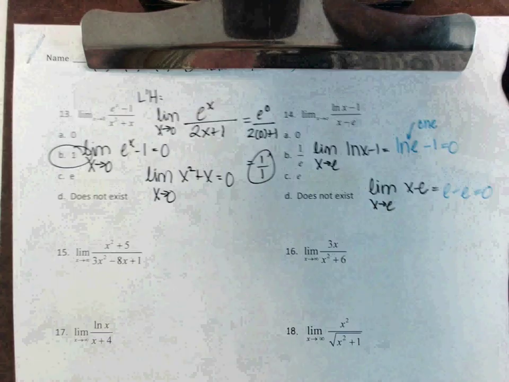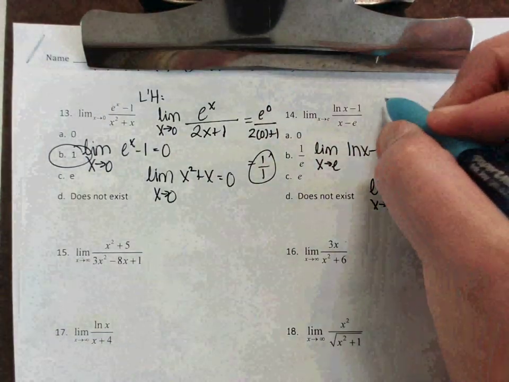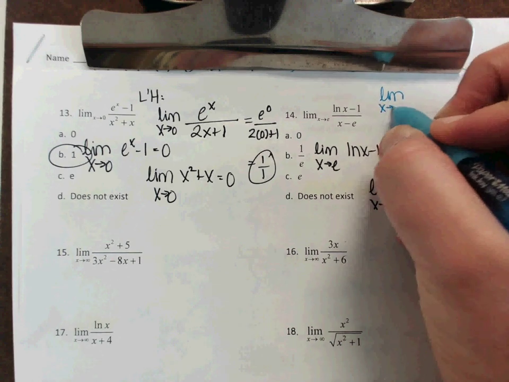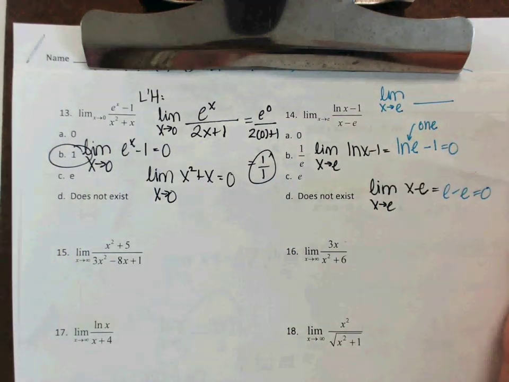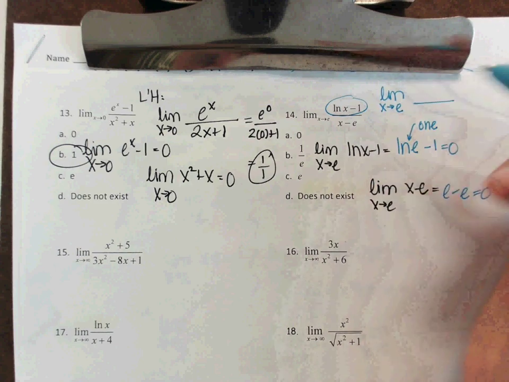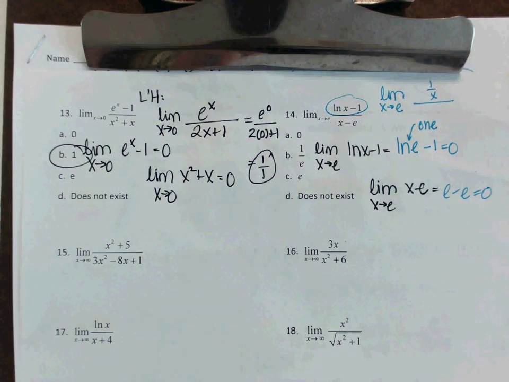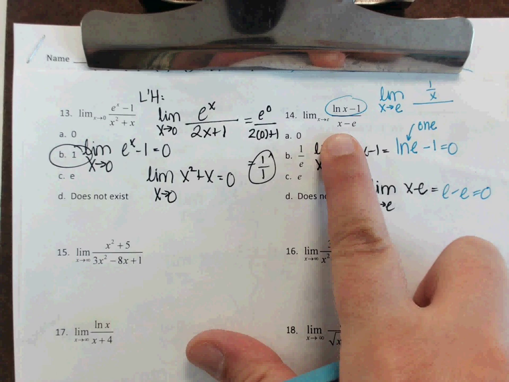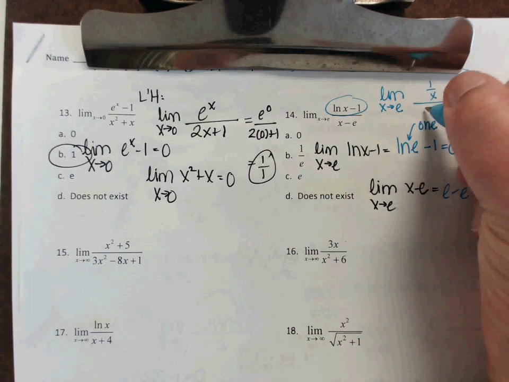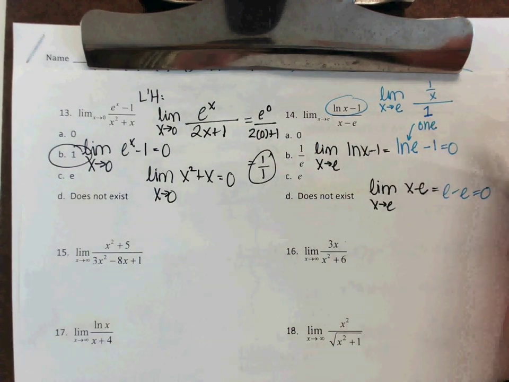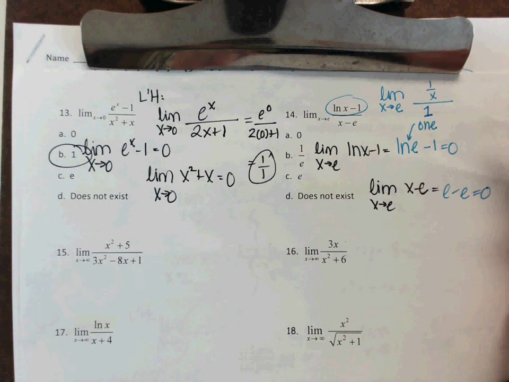Okay, take the derivative. So I'll have the limit as x approaches e of, what's the derivative of ln x minus 1? 1 over x. That was in your rules from Monday or Tuesday. And then on bottom, what's the derivative of x by itself? 1. What's the derivative of e? 0.